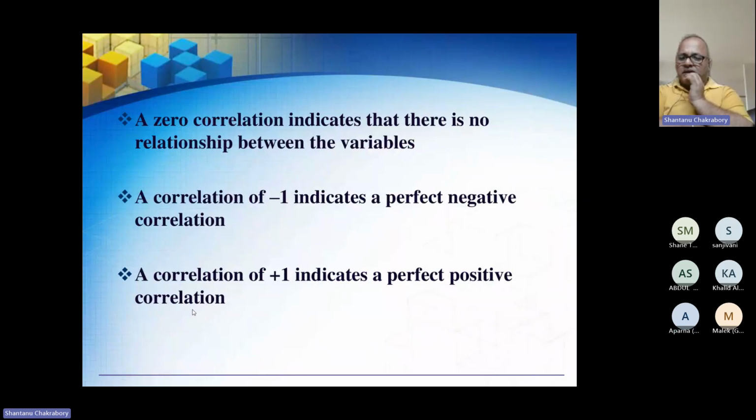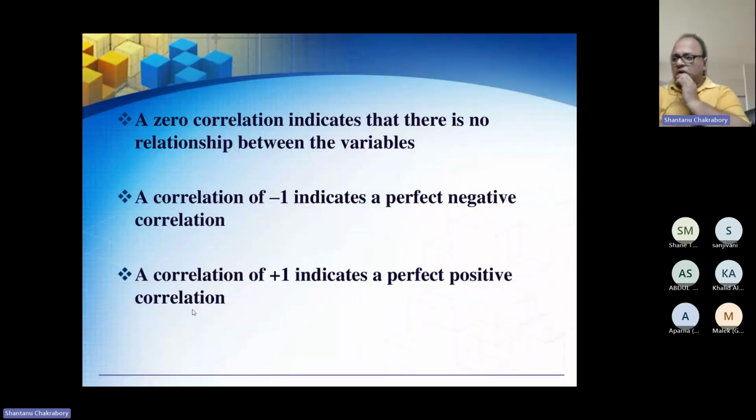A correlation of -1 indicates a perfect negative correlation. A correlation of +1 indicates a perfect positive correlation. So +1 indicates a positive correlation, -1 indicates a negative correlation, where negative means with the increase in x, there is no corresponding increase in the value of y.